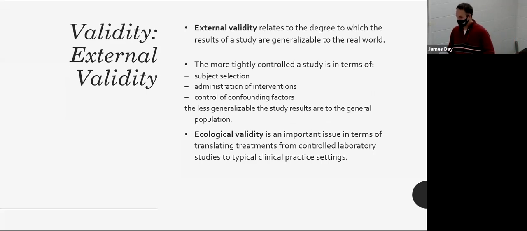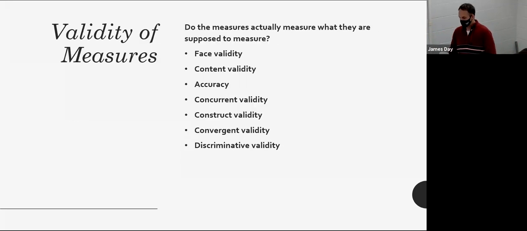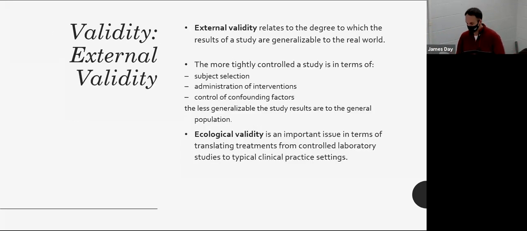And the main thing with this is going to be the applicability of their subjects to other subjects. So oftentimes when we look at that, it's going to be, if we only studied college-age kids, does this really have anything to do with elderly populations? Right? Probably not. That's external validity.